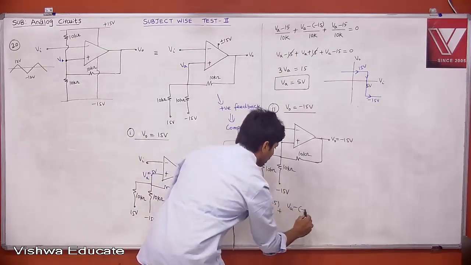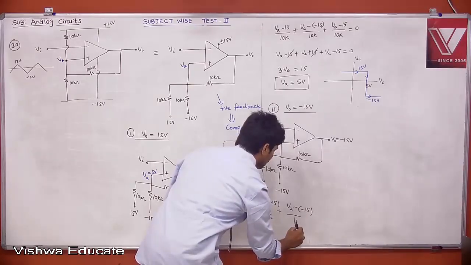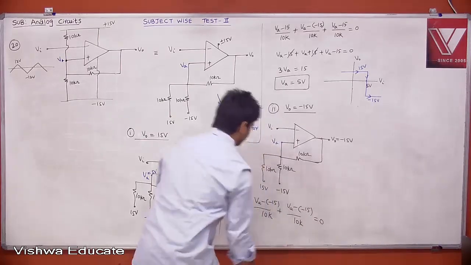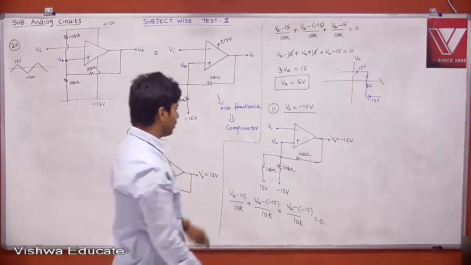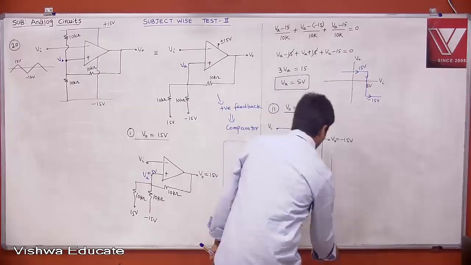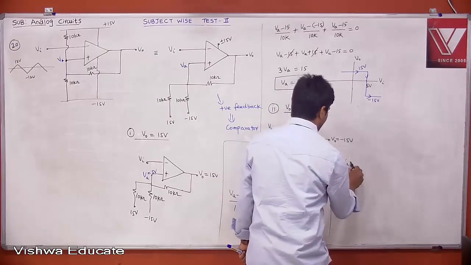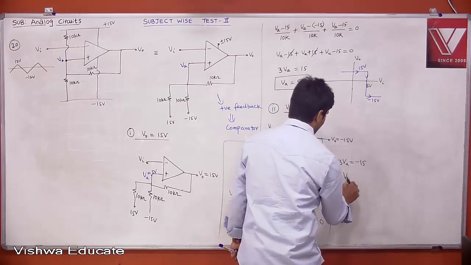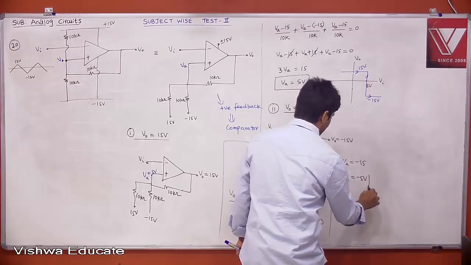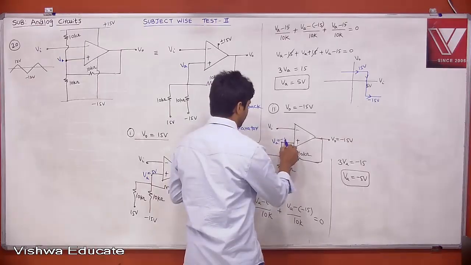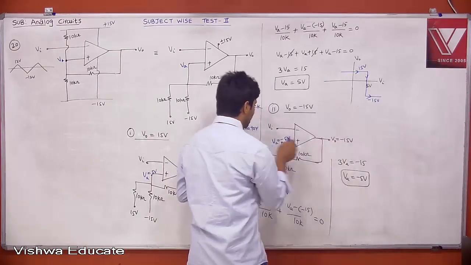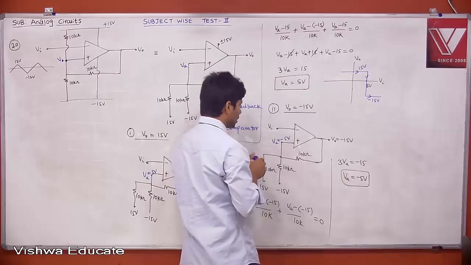Anyway, it's fine. 10K will be cancelled. 3 VA, 15 will be cancelled, plus 15. Therefore, 3 VA is equal to minus 15. Therefore, VA is minus 5. When output is minus 15, the non-inverting switching voltage is minus 5.